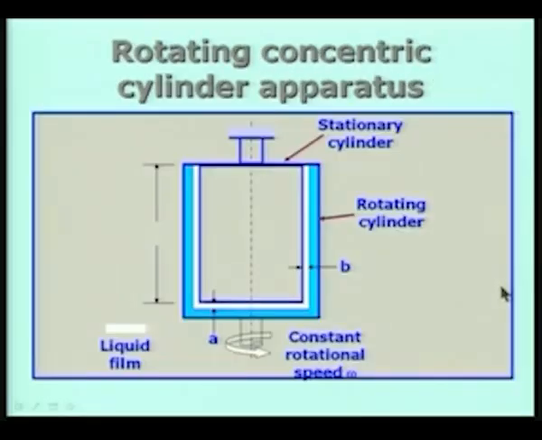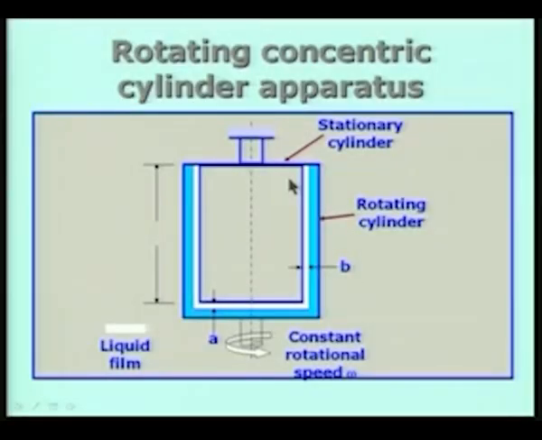The third method I am going to look at is a rotating concentric cylinder apparatus. Let me try to explain how this works physically, and then we will work out a formula which will give the desired quantity. The apparatus consists of a stator or a stationary cylinder, which is supported here. This is a support.